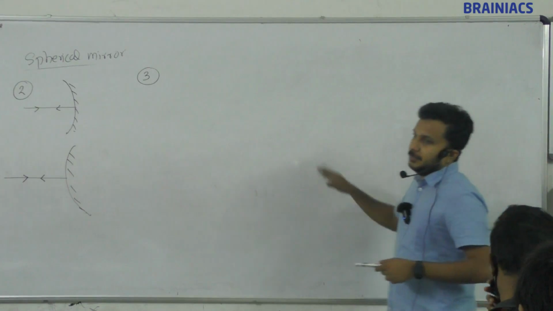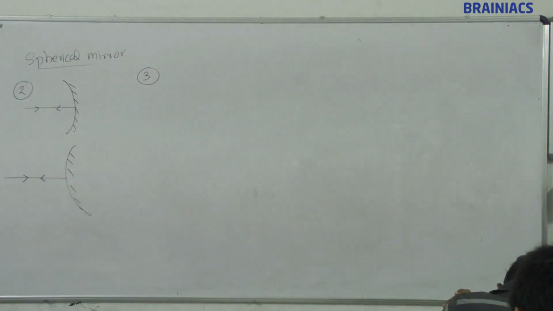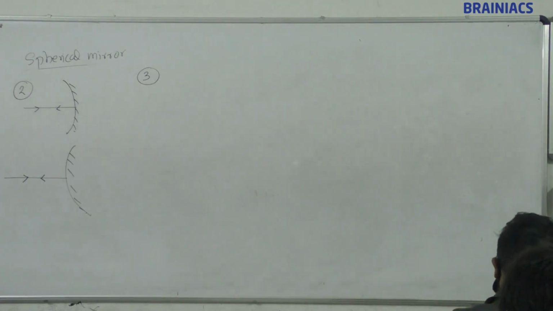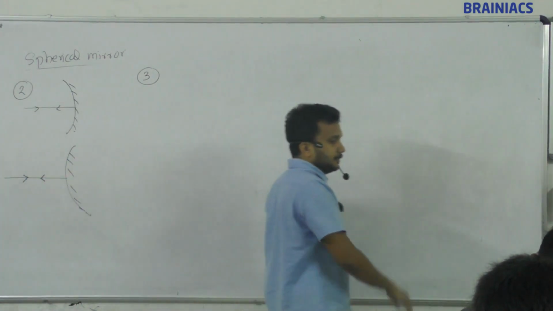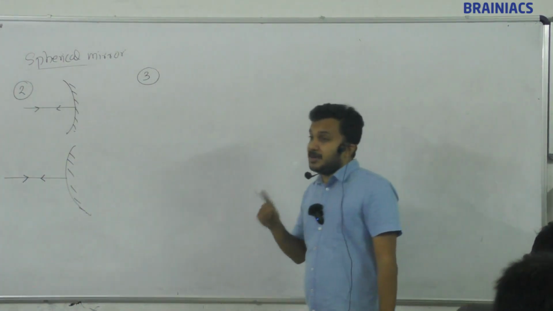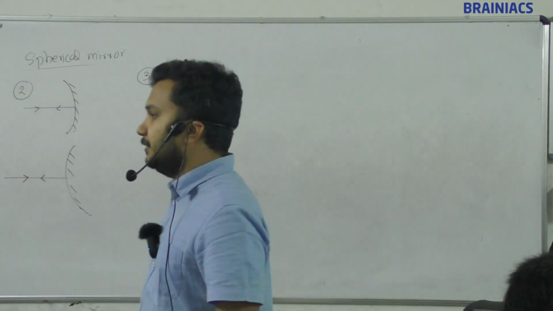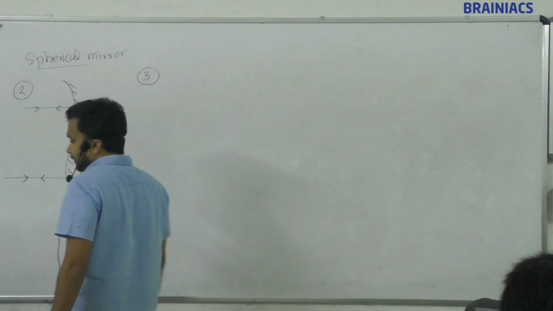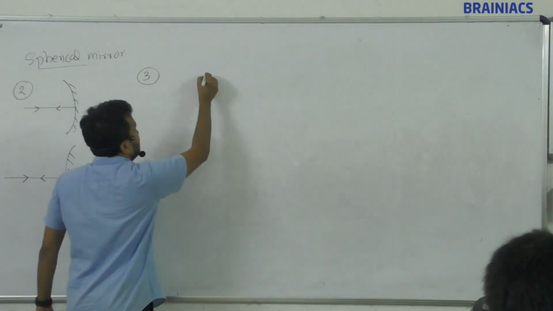Next one, third rule. If a ray passes through the focus, then after reflection it passes parallel to the principal axis.